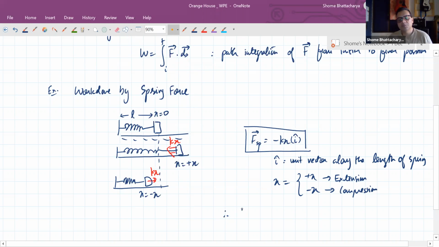Therefore work done by the spring is the integration of F dot ds, where here the displacement is along the spring's length.